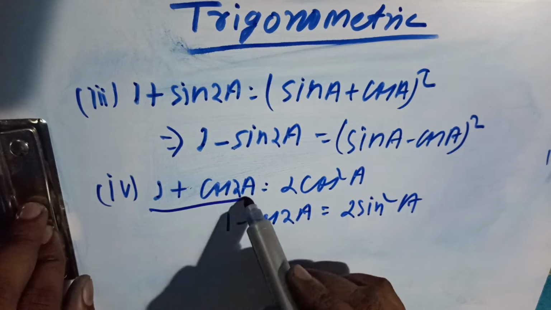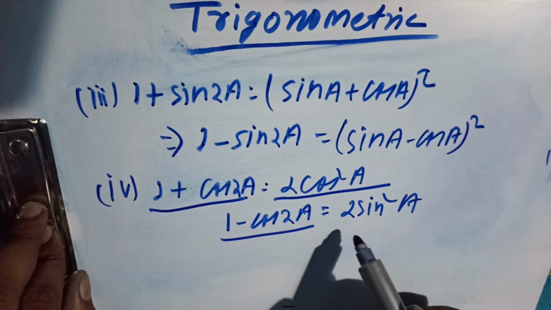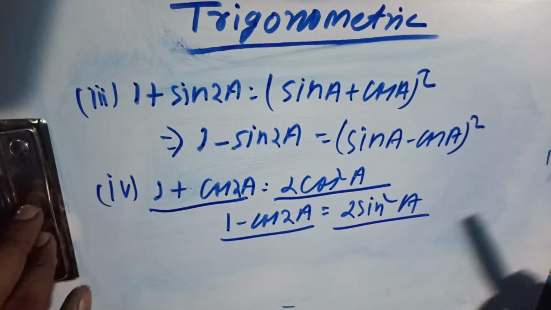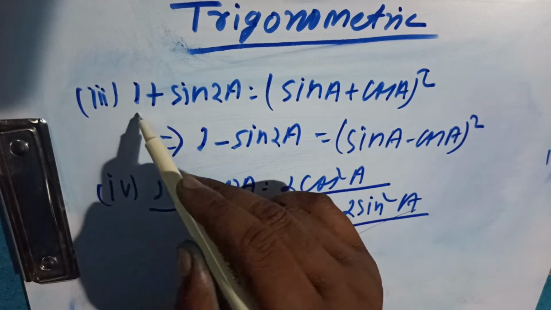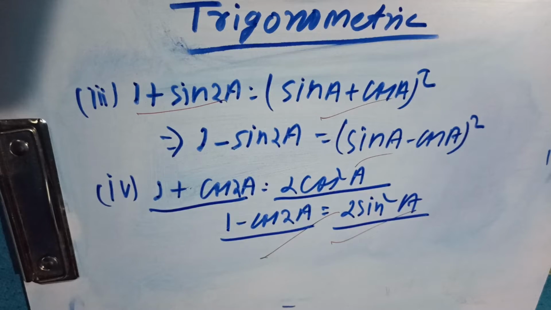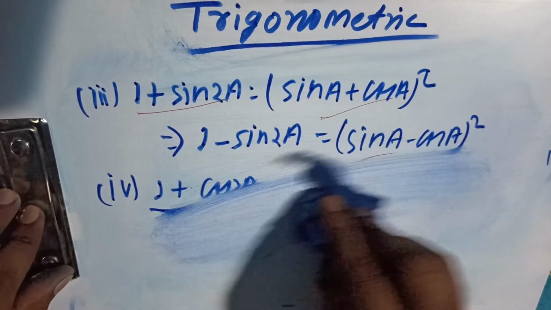So remember, in case of positive 2 cos square a, in case of negative 2 sin square a. So remember this type, and this term is also. So look at the next formula.